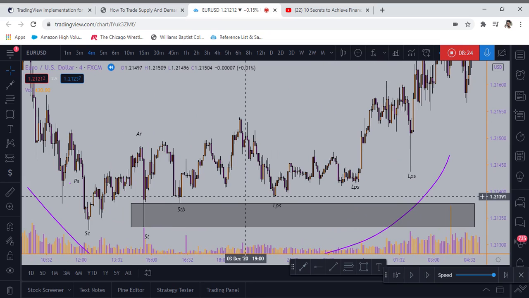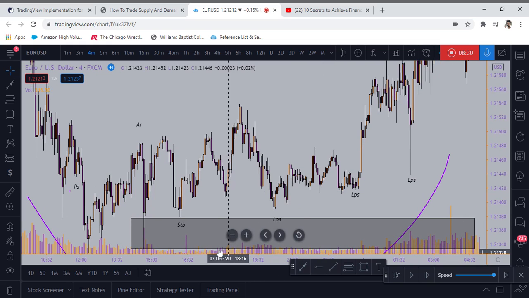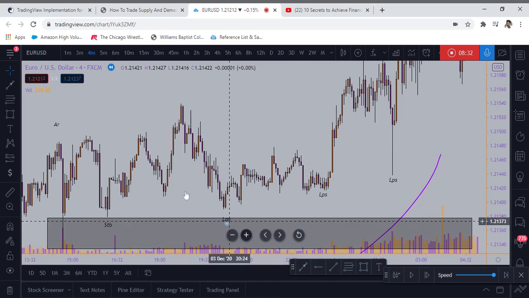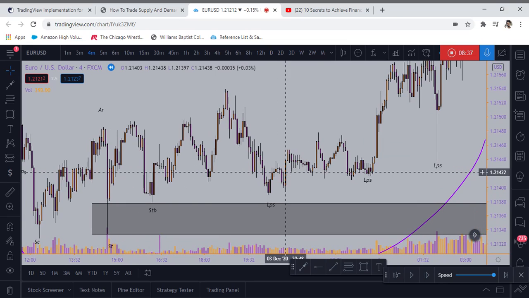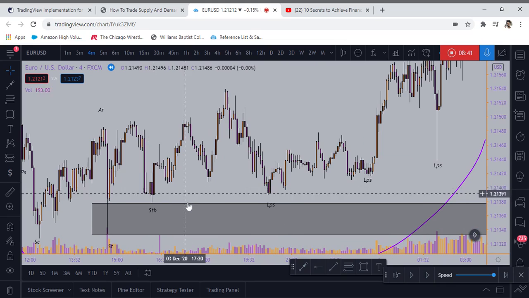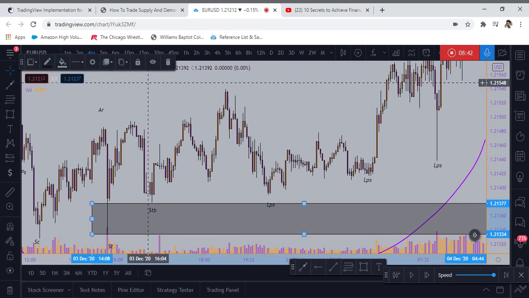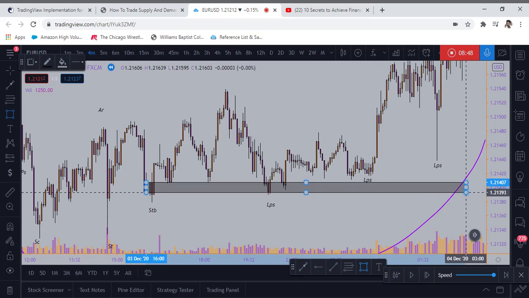Not only am I on a 4 minute, but what sticks out to me is you got a bearish order block right here, which is the STB. If you guys can see it, delete that. For me, I use body to body.